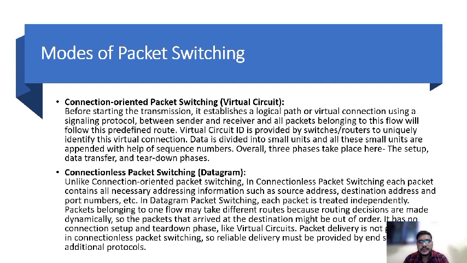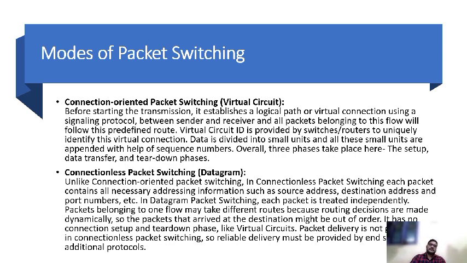Each packet is treated independently. Packets belonging to one flow may take different routes because the routing decisions are made dynamically, so the packets that arrive at the destination might be out of order. It has no connection setup and tear down phase like virtual circuit.